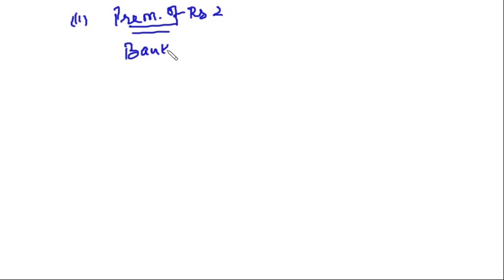Now let us see case 2. When the issue is at a premium of rupees 2, what is the journal entry for this? Bank account debit. Now what is the amount received in bank on 200 shares at the rate of 12 rupees? 10 plus 2, 2400.